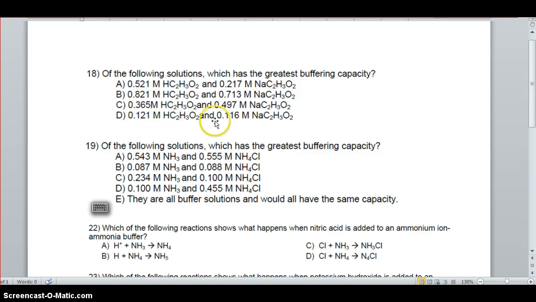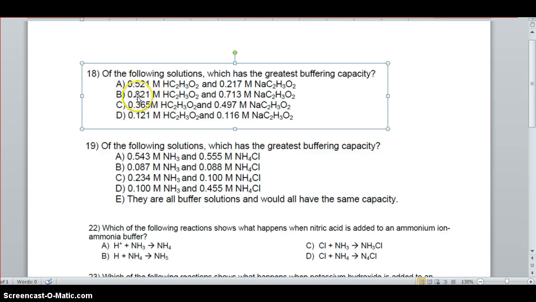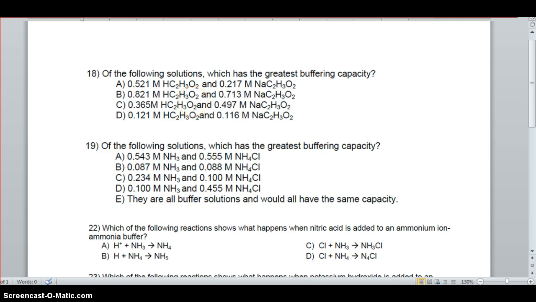These are low concentrations. They are pretty close to each other, but you're going to exceed that buffering capacity pretty quickly. So the one that stands out to me is B, 0.821 for your acid and 0.713 for your base, and that would have the highest buffering capacity. So for that one, our answer would be B.